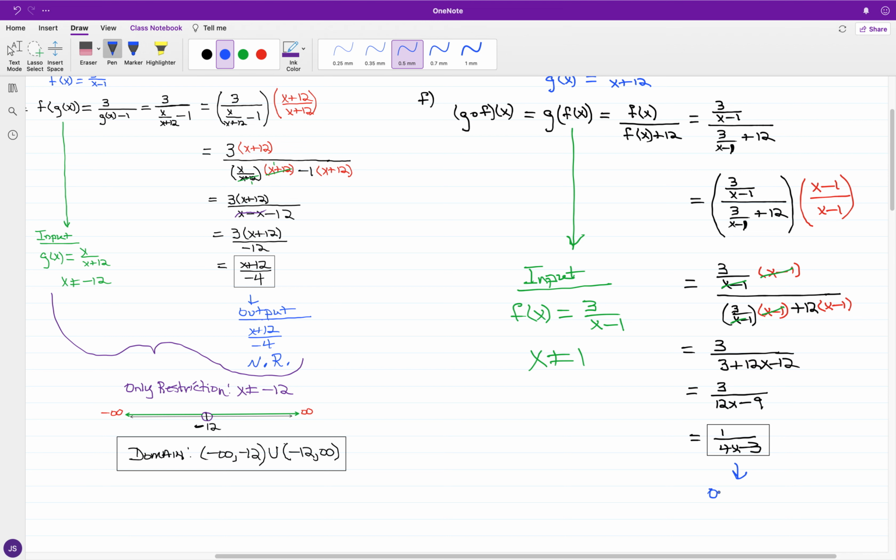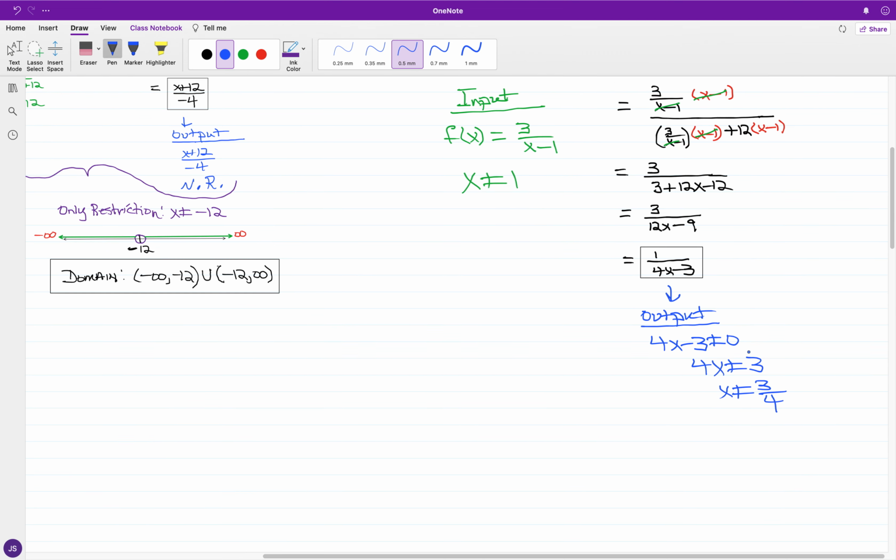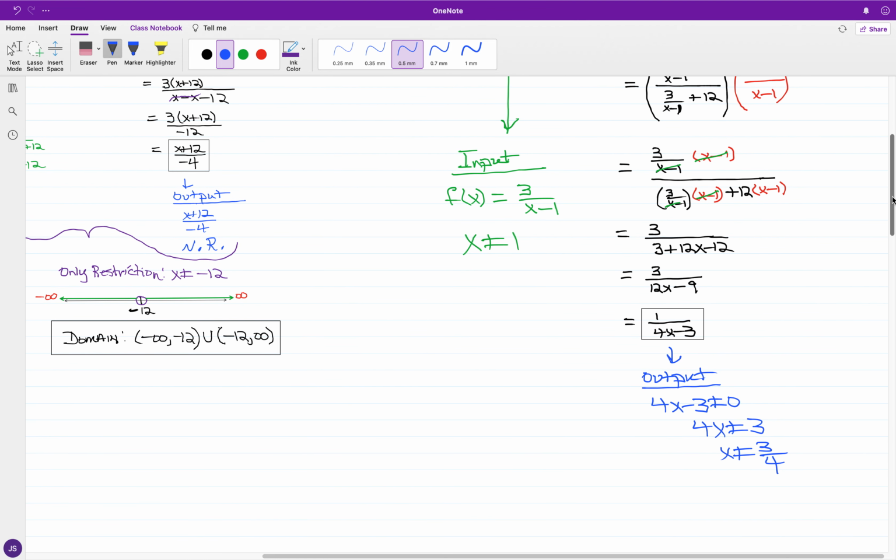Since we have a fraction with 4x minus 3 in the denominator, there does lie a restriction with the output that 4x minus 3 cannot be equal to 0. So 4x cannot be equal to 3. With division by 4, the restriction upon just the output portion is going to be the exclusion of 3/4.